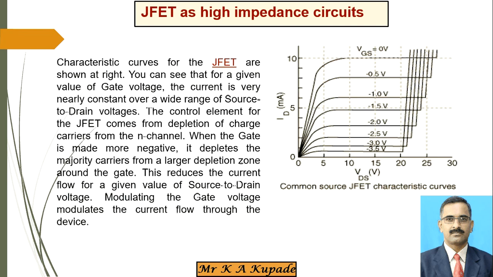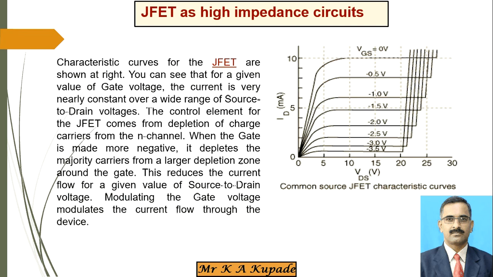Here, when the gate voltage is zero, or there is no gate voltage applied, the curve we get has a linear consideration for the ID current, up to between 5 to 10 volts VDS.